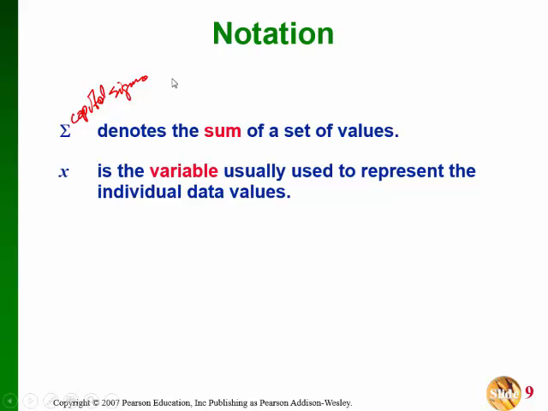Now, we talked about the difference between a parameter and a statistic. A statistic is a numerical measurement that describes a sample. A parameter is a numerical measurement that describes a population. And we made distinctions between the different notation that we use for the mean and the standard deviation.